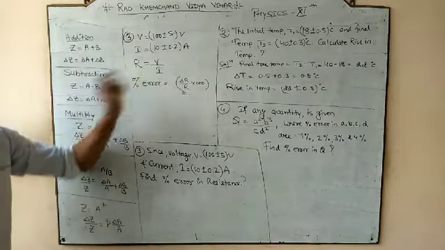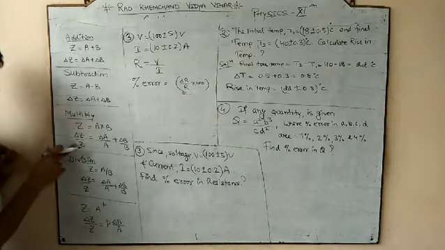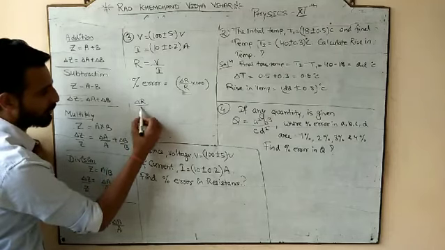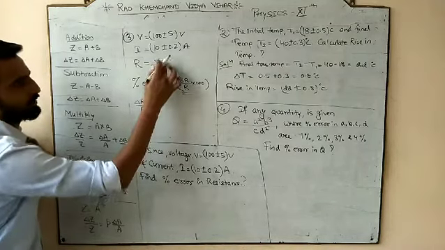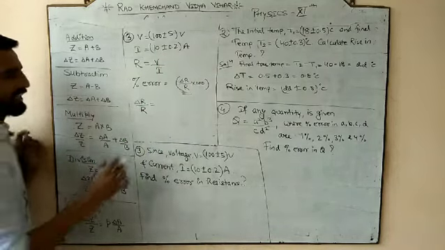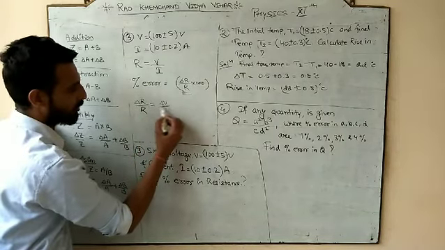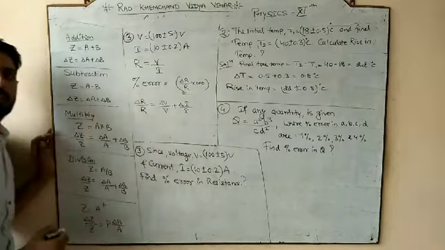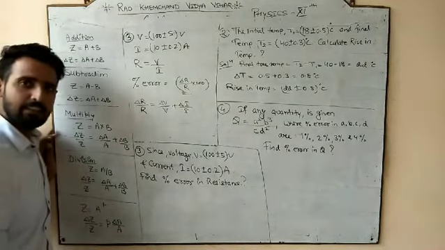But it is a division operation. So what is the result of the division operation? The relative error of the final quantity, which is resistance, is equal to, since it is a division of V and I, relative error of voltage plus relative error of current.